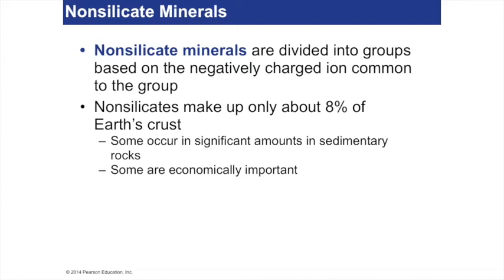Anytime you make a mineral, the elements that are coming together have stolen each other's electrons, and something becomes positive and something becomes negative. And the different classes of non-silicate minerals are divided based upon what is the negative. What is the atom that becomes negative? Those would be the different classes of non-silicates.